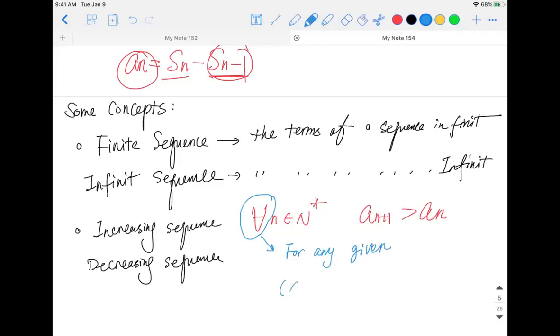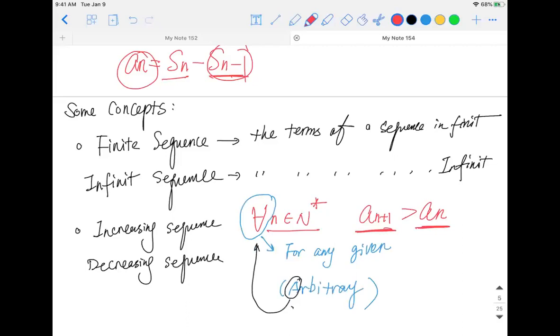Or you can say arbitrary. This symbol kind of looks like an A, right? You make it upside down, from the letter A for arbitrary. It means for any given. Again, it's nothing but a denotation. For any given n belonging to the positive integers, you always have an plus 1 greater than an.